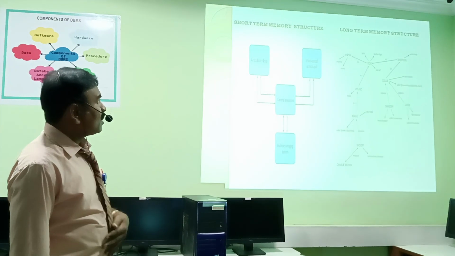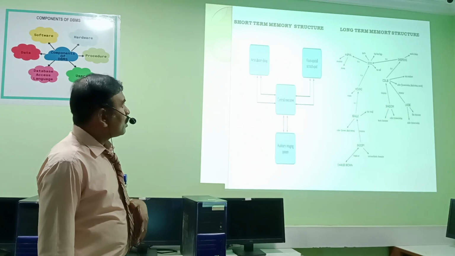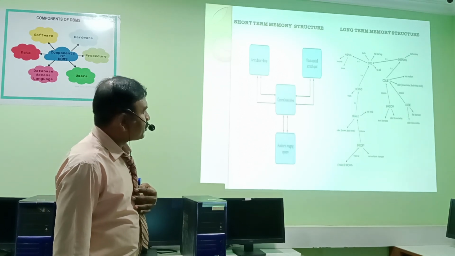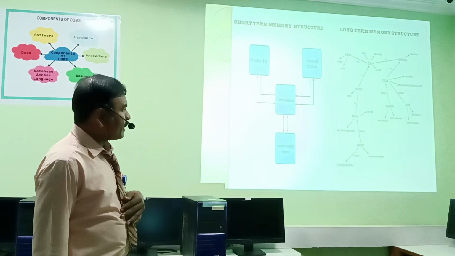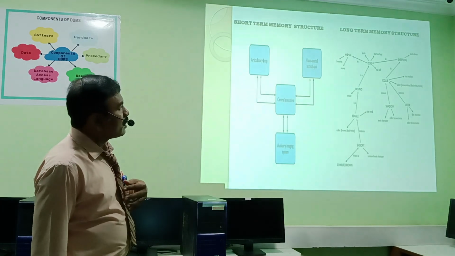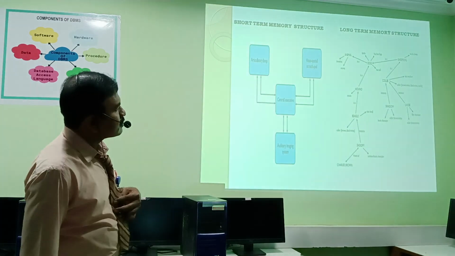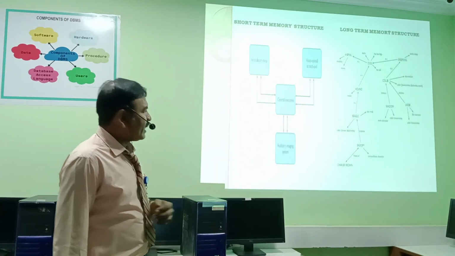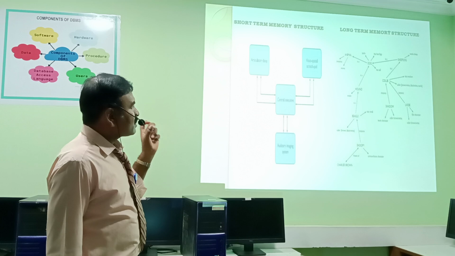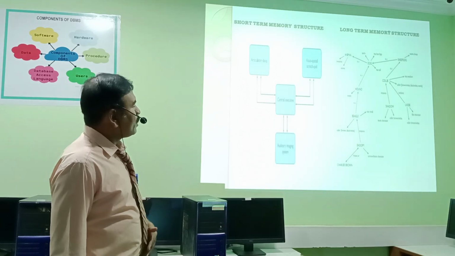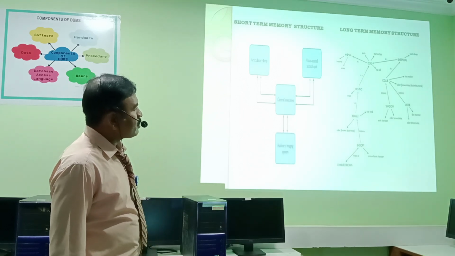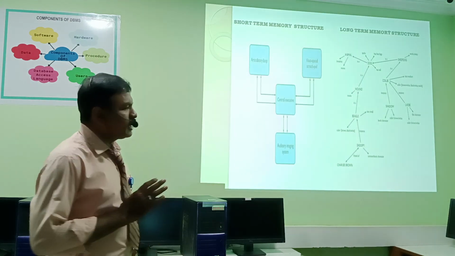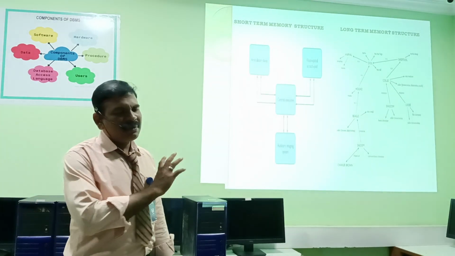See here, the architecture: phonological loop, and then central executive, and then auditory imaging system, and then visuospatial sketchpad. These are all simultaneously and bidirectionally connected with the central executive. The auditory loop, the visuospatial sketchpad, and the auditory imaging system are short-term memory, where the buffer will be available.